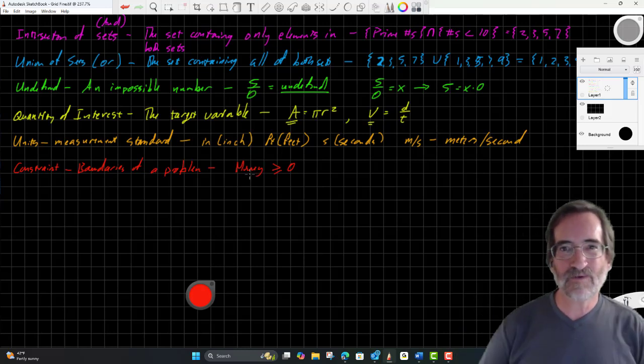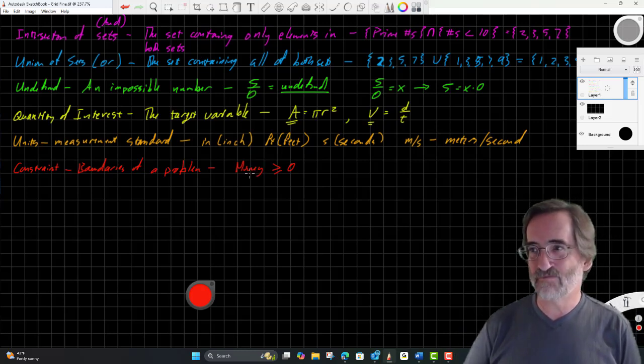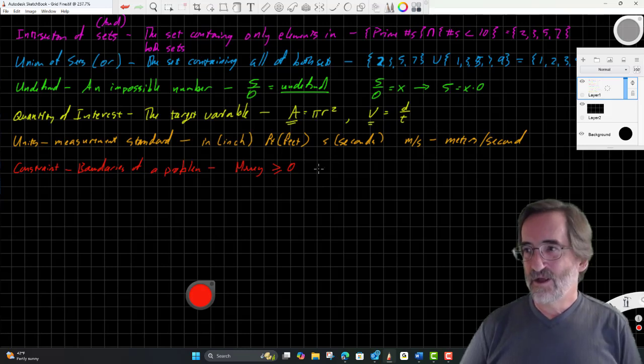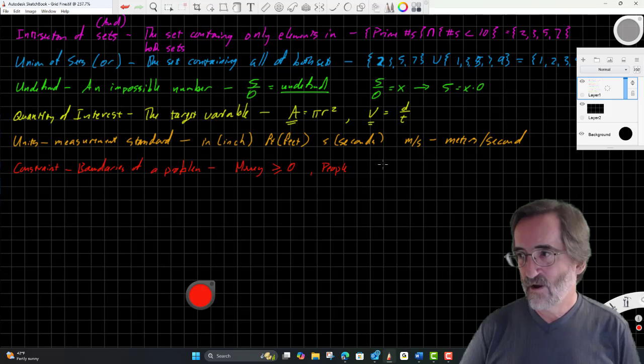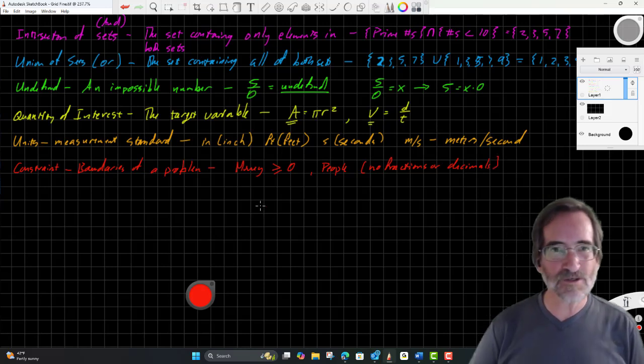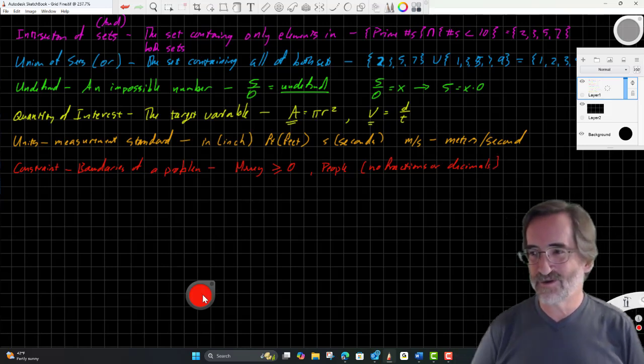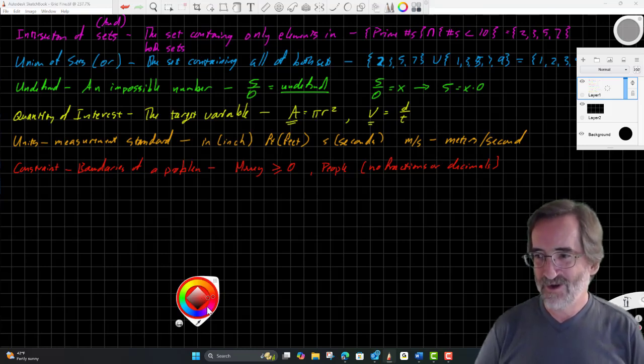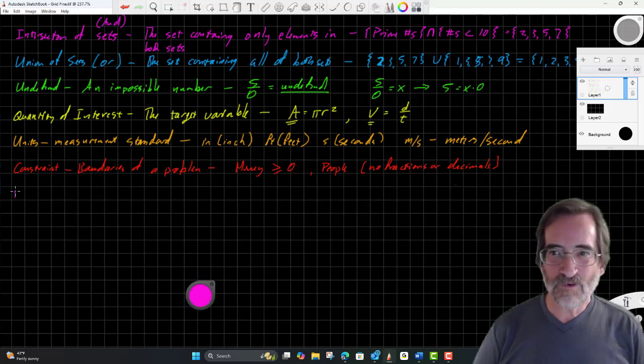You can't have negative money unless you owe somebody some debt. If your solution is people, then no fractions or decimals. Those are constraints. Because you don't want to solve a problem with half a person. That would just be gross. We don't do that here. We're not that kind of class. Constraint.